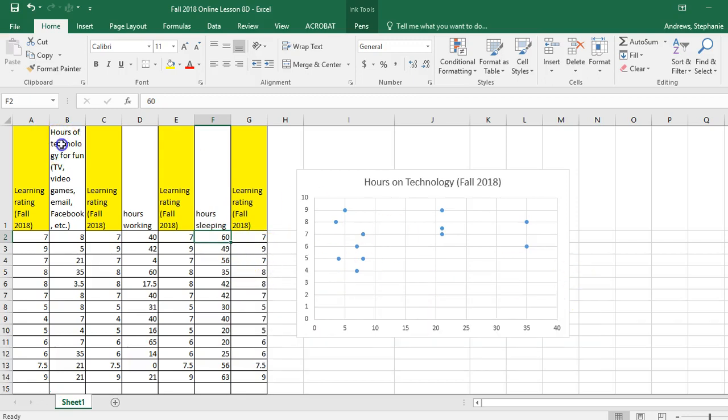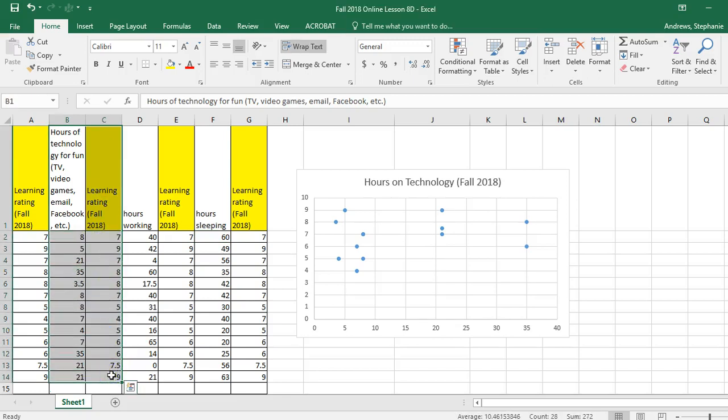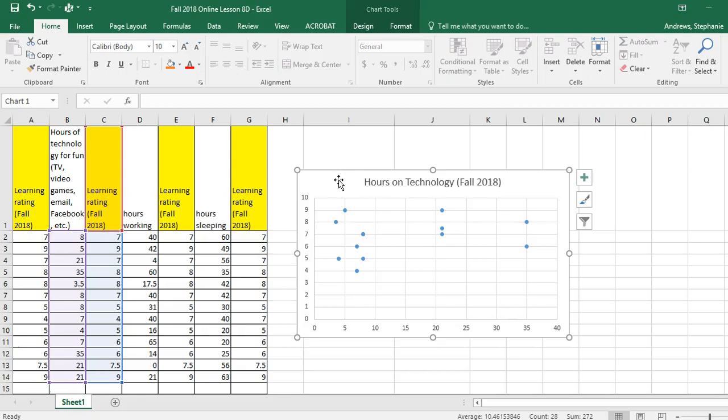So what I have done, as the directions, all of those directions we just went through, I highlighted these two columns. The one I highlighted first, the hours of technology, will be the input variable. The learning rating is the output variable. And then I've gone to insert, scatter plot, and what you see here is what it created.